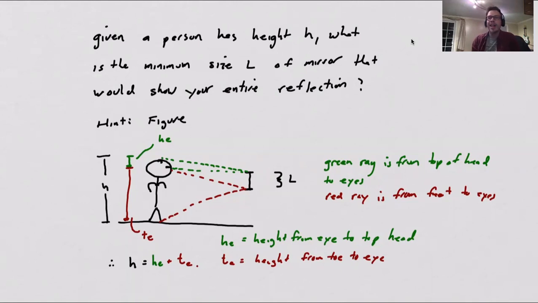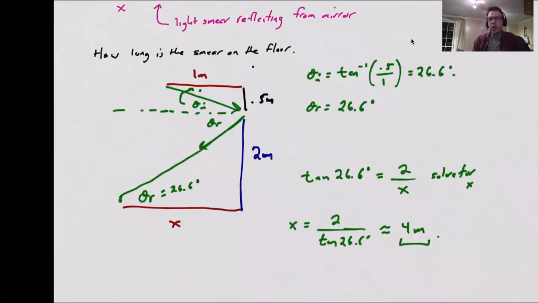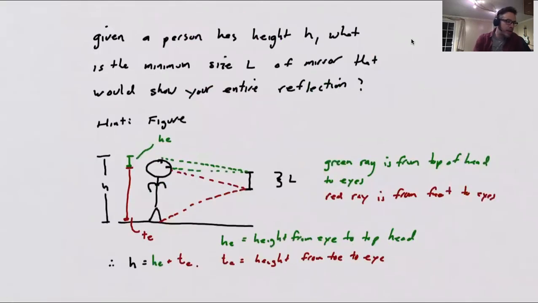Kind of like the last problem, where it was only the one at the top of the mirror that mattered, here it's really the beam at the top of the mirror and the bottom of the mirror, if we want to ask about what's contained completely in the mirror.